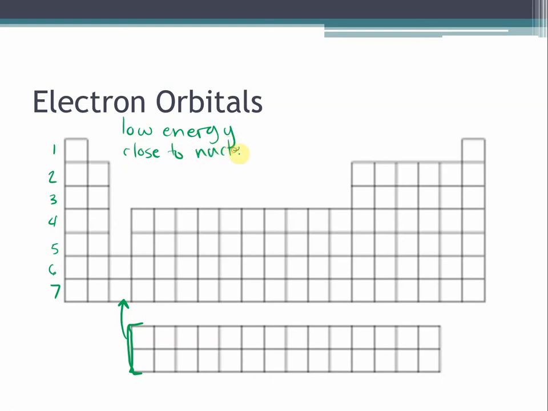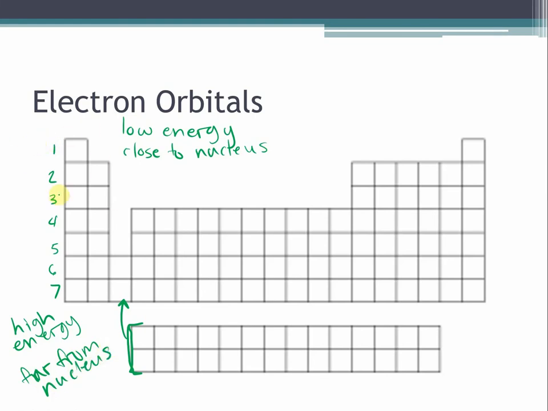Lower energy level gives you lower energy, and you're closer to the nucleus. Versus level 7 down here, electrons in the 7th energy level have a very high energy, and they are pretty far from the nucleus. Far.